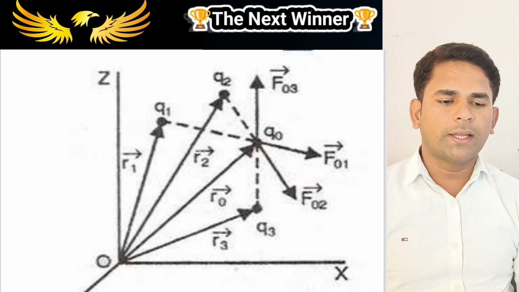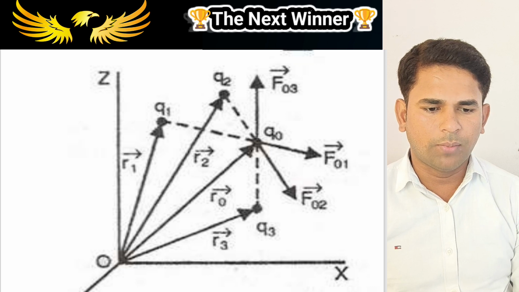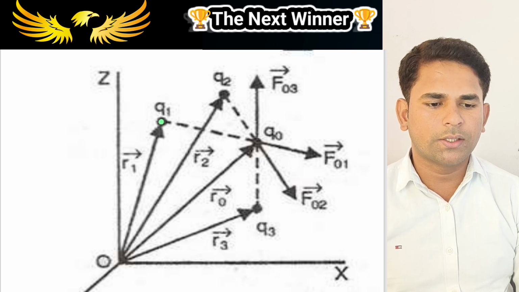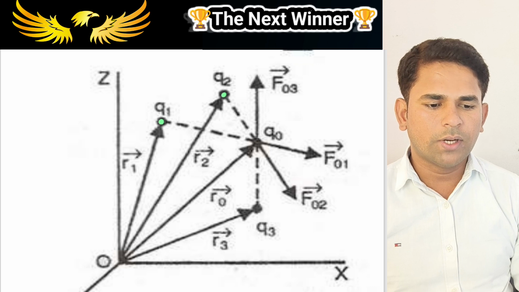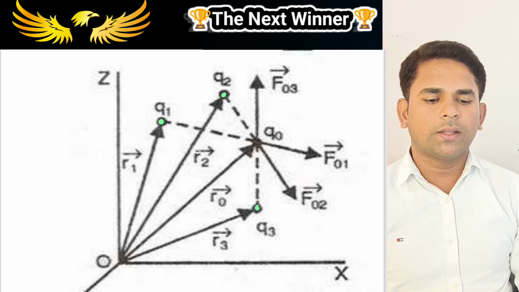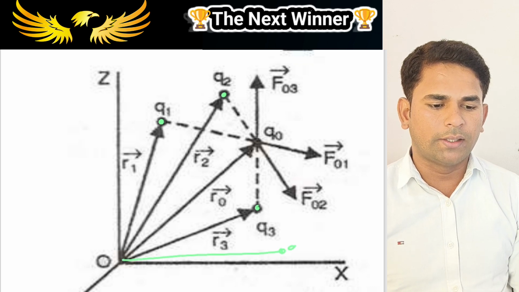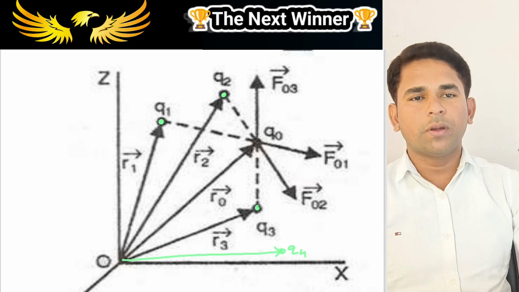Suppose this one has charge q1, this one has charge q2, this one has charge q3, and so on, a number of charges.